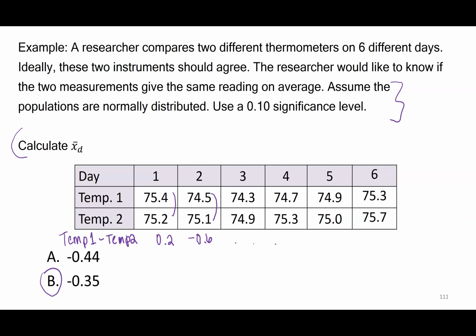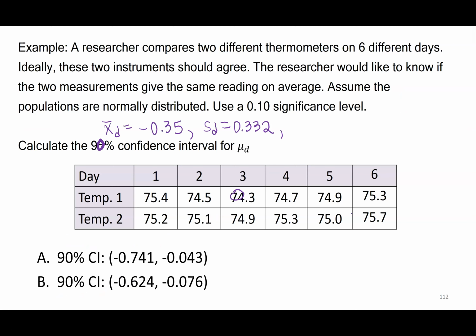The average difference is going to be negative 0.35 degrees, probably Fahrenheit if it was taken here in the US. So units are going to stay important. This negative value means that the temperatures taken with thermometer 1 are going to be on average a little bit lower than on thermometer 2.